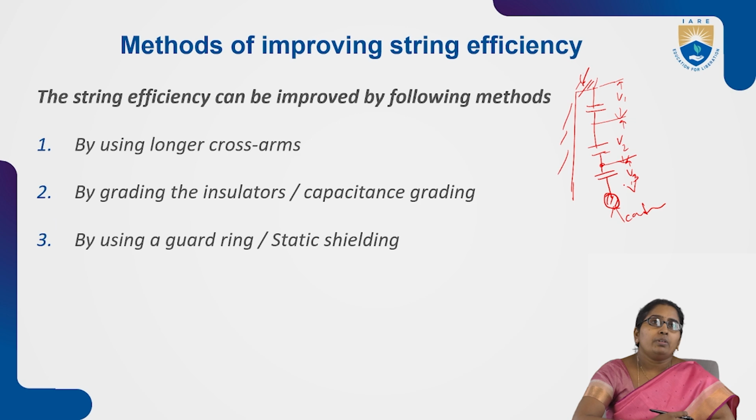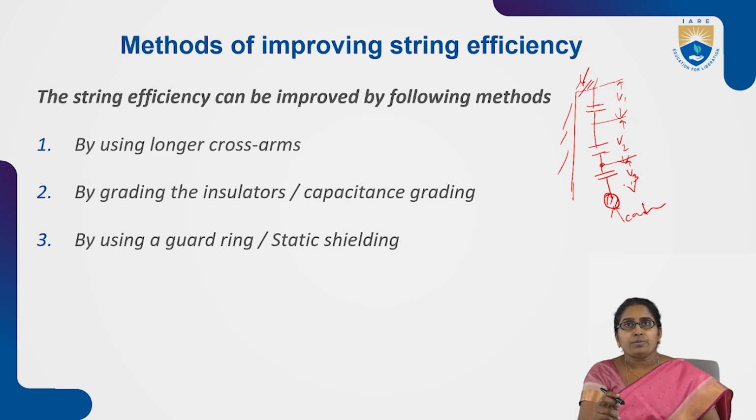The first one is by using longer cross arms. The second is grading the insulators, also called capacitance grading. The third is by using a guard ring, also called static shielding. We will see them one by one.